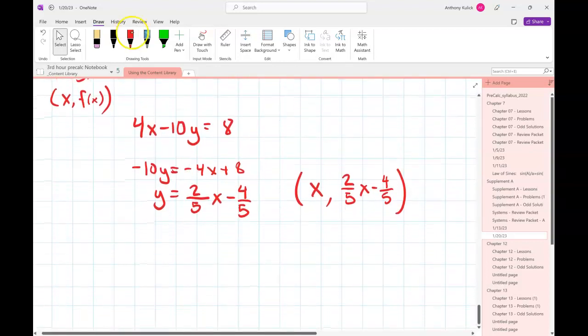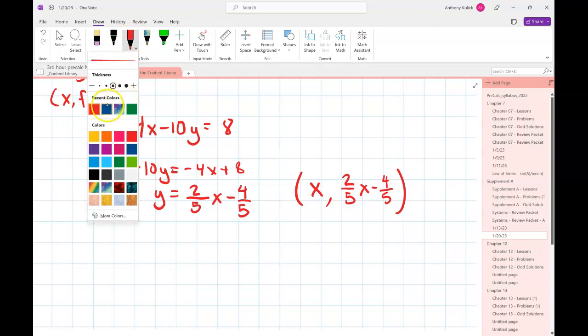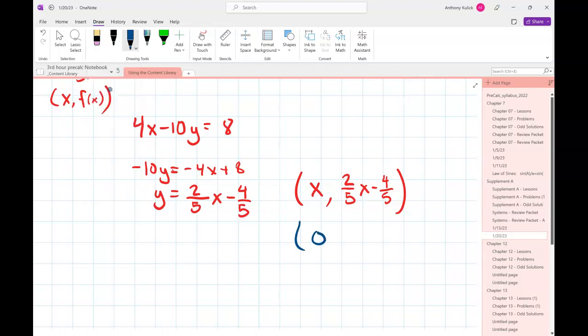So what this is really saying is this is giving me a form of how I can generate those infinitely many solutions. So if I pick x to be 0, then y would be negative 4/5.